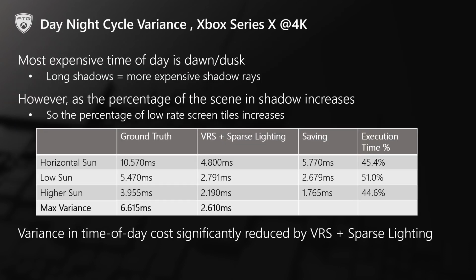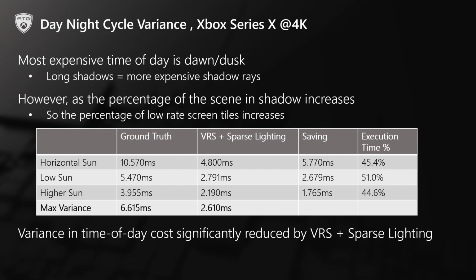So as I mentioned, one of the most significant costs of the deferred lighting is the shadow ray, and this is a soft shadow, and here we're doing ray marching rather than ray tracing, but that doesn't particularly matter.